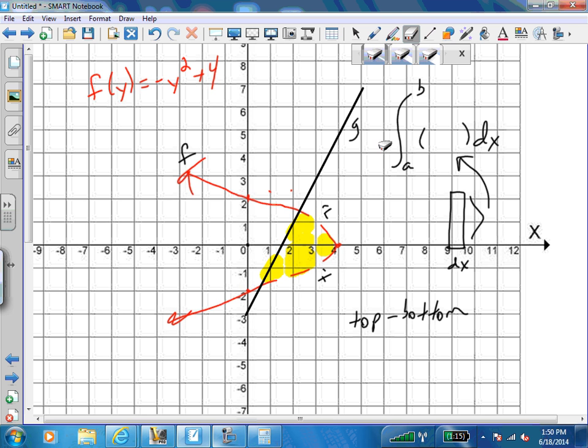What we can do, though, is take our rectangle and turn it. Notice anywhere we draw a rectangle in this region horizontally, it always goes from one function to another function. There's never a place where I can draw a rectangle in that region horizontally and both ends touch the same function, whereas if I draw a vertical rectangle, there is a place where both ends touch the same function.